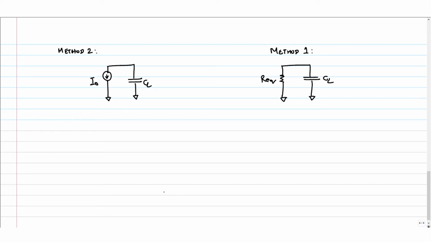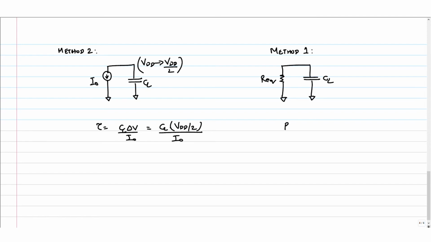If lambda equal to 0, this current is just I naught. What's the time it's going to take to discharge from VDD to VDD by 2? If it's a constant current source discharge, C delta V by I, right. So the time is C delta V by I naught, CL into VDD by 2 divided by I naught.